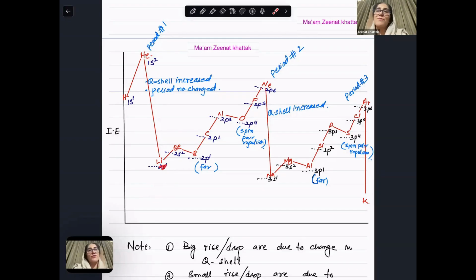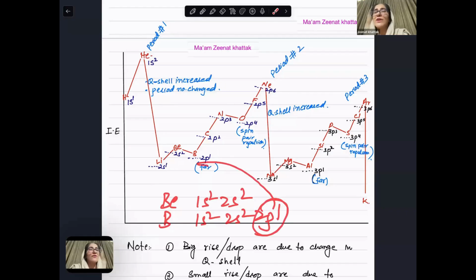Now it's 2s1, then 2s2, then 2p1. What is the difference? In beryllium it's 1s2, 2s2, and in boron 1s2, 2s2, 2p1. So what is the difference? The 2p1 is far from the nucleus as compared to 2s2.